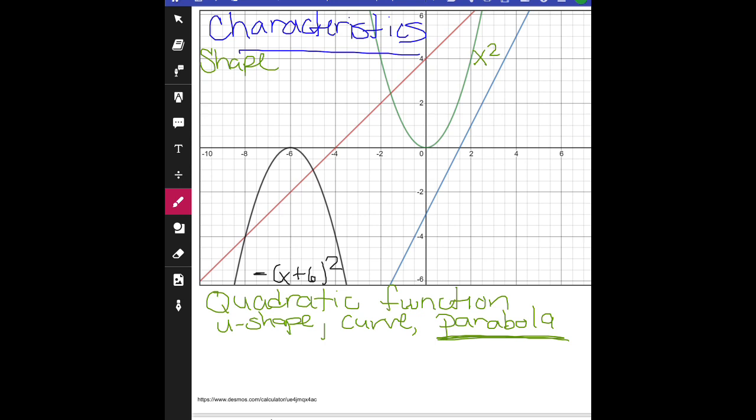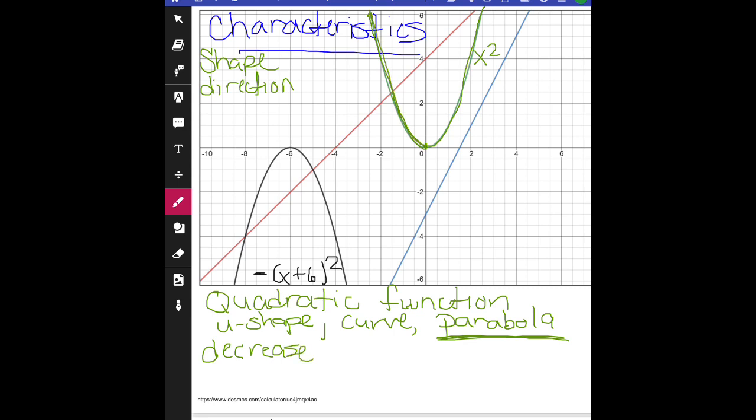The direction, so it has two different directions because it's not just a straight line going in one direction. So here, right, if I was saying like this was a ball, the ball would be going down and then the ball would be going up. So it changes directions. So it decreases going down from all the way to the end.